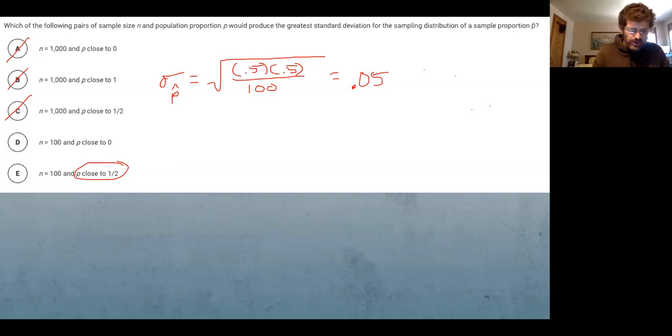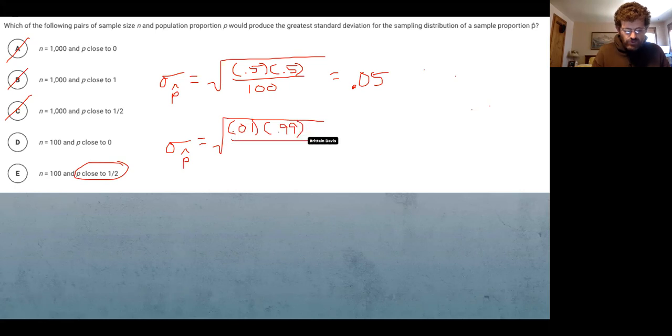All right, so now I can do the standard deviation of p hat, the sampling distribution of proportions, when it's close to 0. Now I can't put 0 and 1, but what I can do is put something really small. I'll put 0.01 and 0.99. This is going to illustrate for us which one gives us a bigger standard deviation.